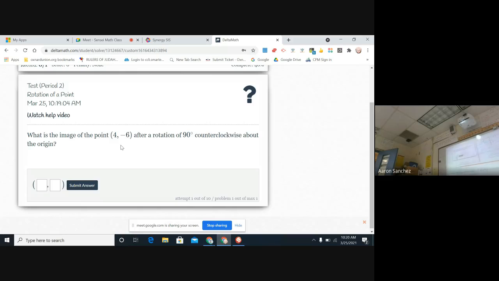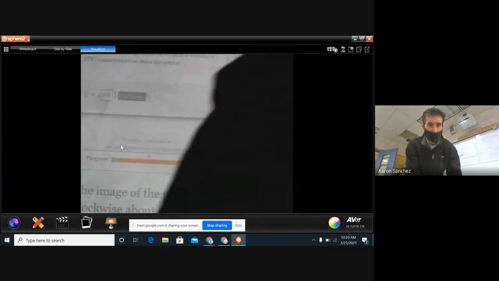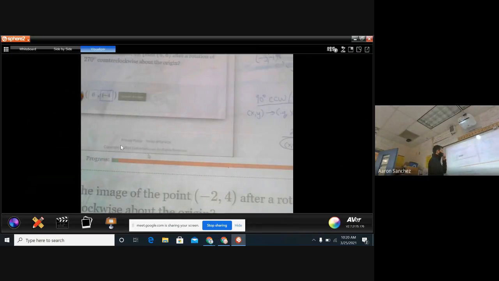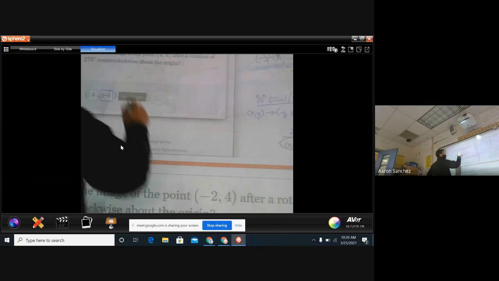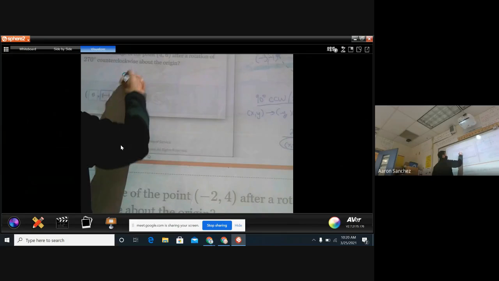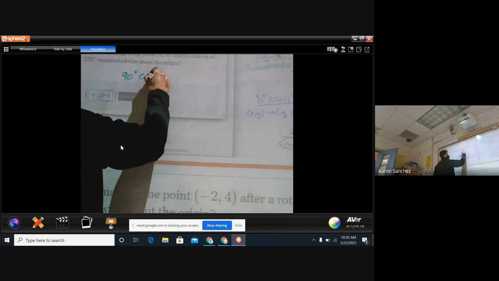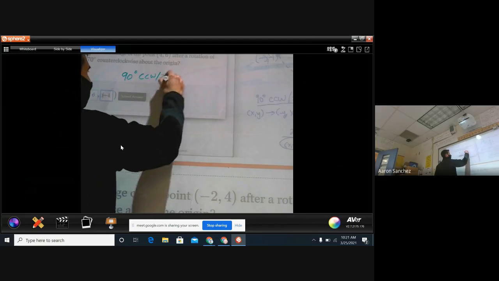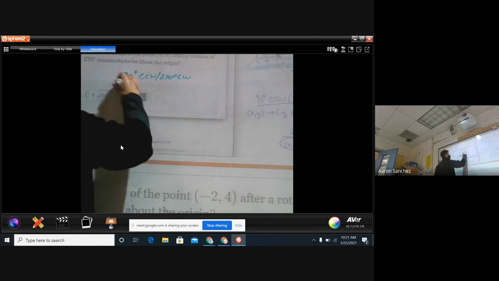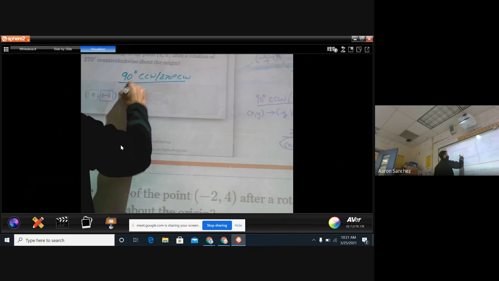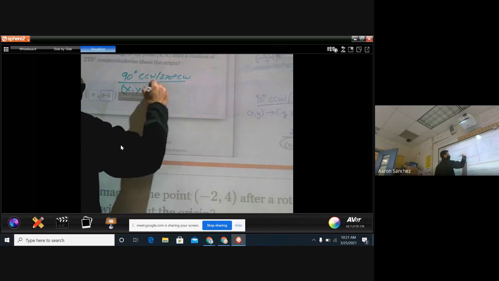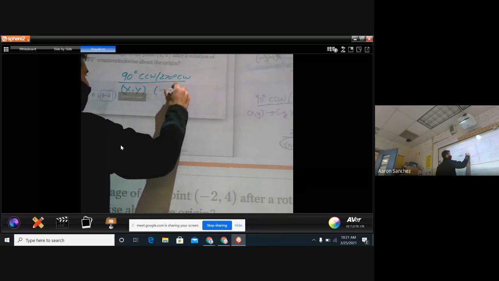So again, you guys can write this down. This might help you too. Remember, instead of drawing it out, you could say 90 degrees counterclockwise is the same as 270 degrees clockwise, which is x, y becomes negative y, x.